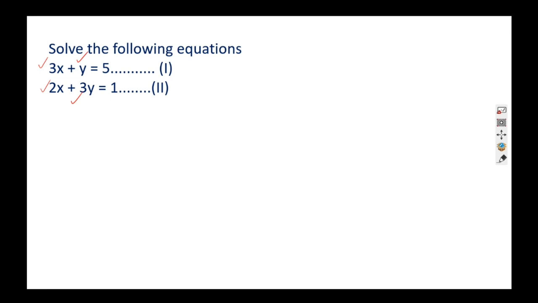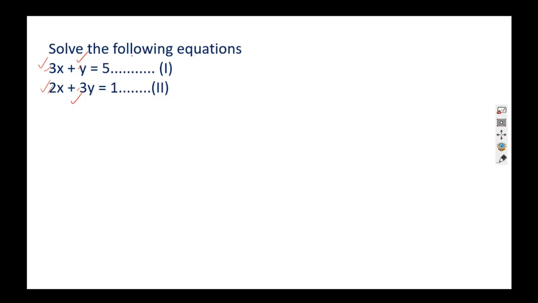Some other methods. We have to eliminate either x or y in this given equation. If one of the coefficients is equal to the other, we can simply add. Here the coefficients are not equal, and there is no opposite number either. So we have to create that.